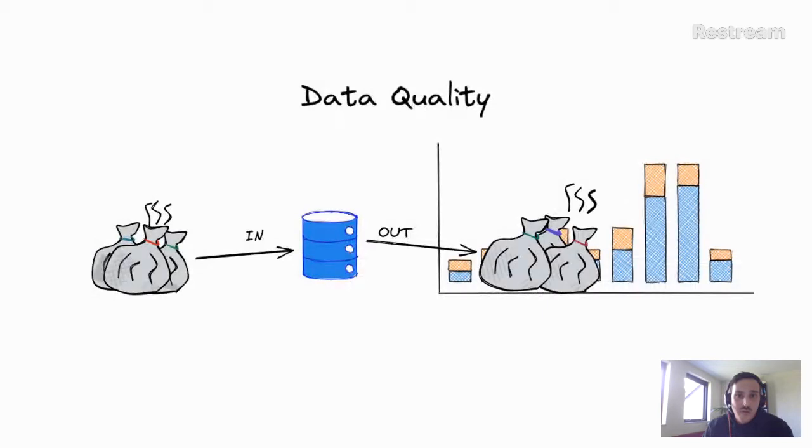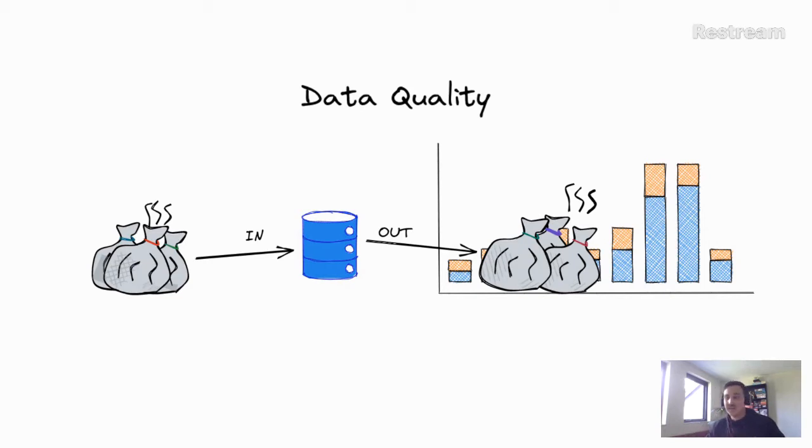So first off is data quality. Some of you may be familiar with the term garbage in, garbage out. So when you put garbage into your system, whatever you try to build on top of that is also going to be garbage. So for that, we want to be able to assert a certain quality over the things we build, the things we provide.